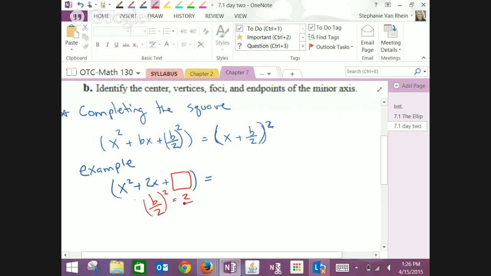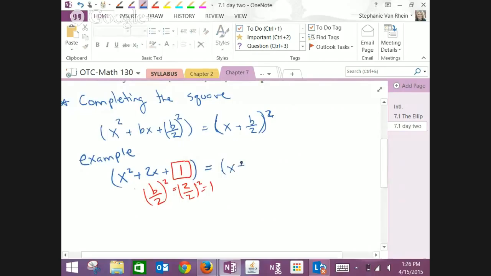In this case, that's 2 over 2 squared, which is 1, right? So that perfect square is x plus 1 quantity squared. This is the perfect square, and it is x plus 1.